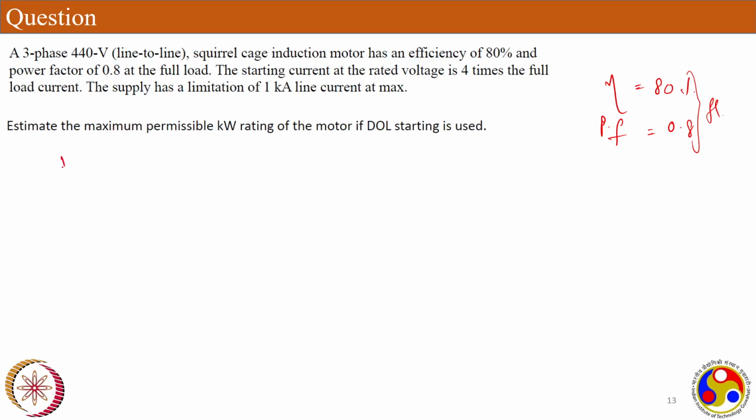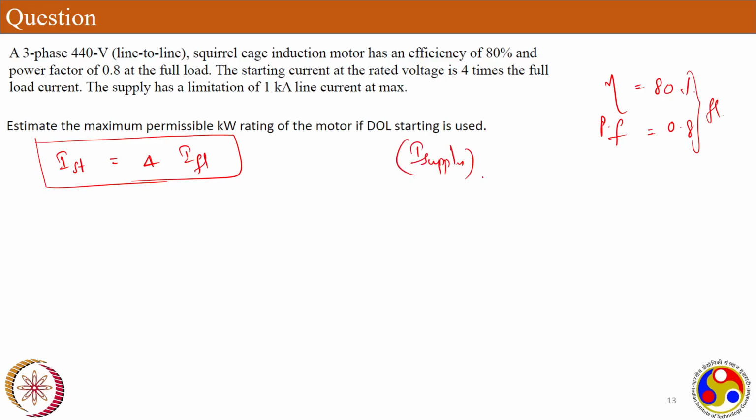So one key piece of information is given: starting current equals 4 times the full load current. Now the supply has a limitation of 1 kiloamp line current at max. This is the limit on supply. Input supply line current maximum is equal to 1000 ampere.